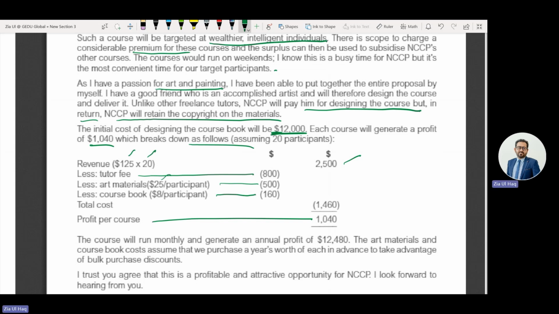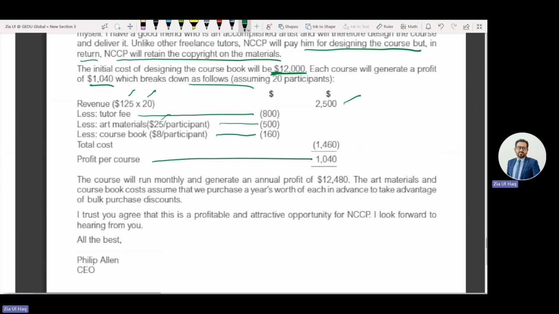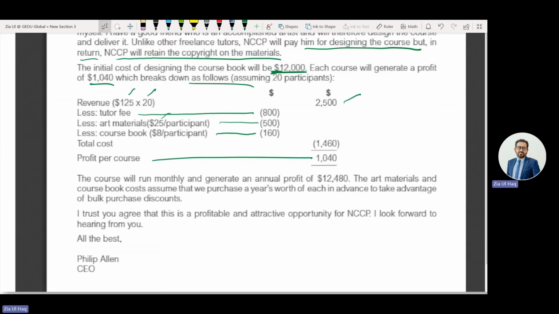12,000 is the initial cost, the setup cost. You need to install some boards, etc. The course runs monthly and generates an annual profit of 12,480. How? Multiply by 12.